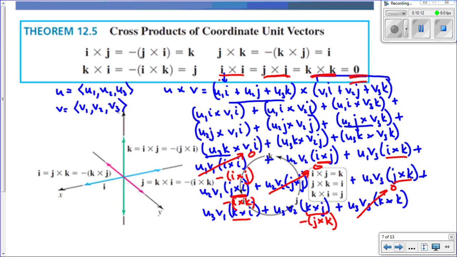So now, grouping our like terms, we have i cross j, we have u1 v2, and we have a minus v1 u2.